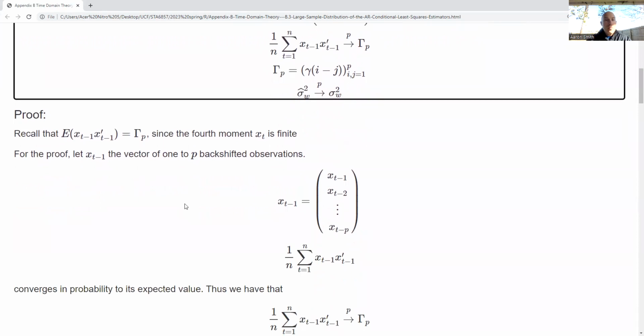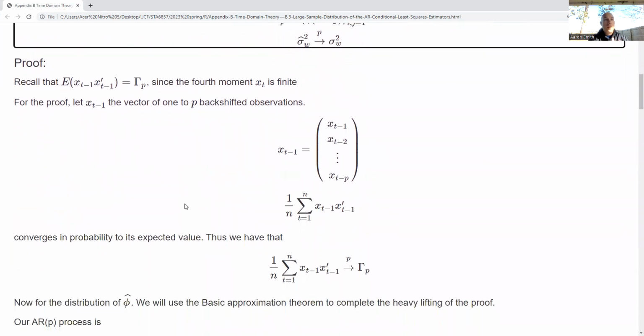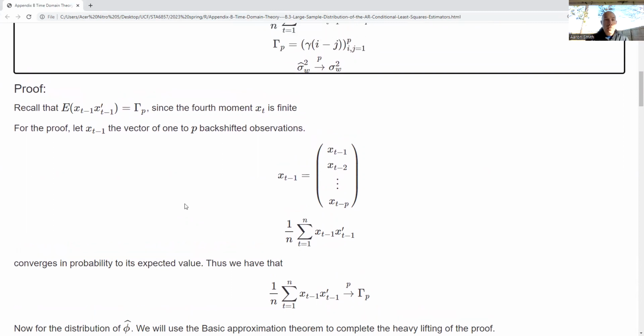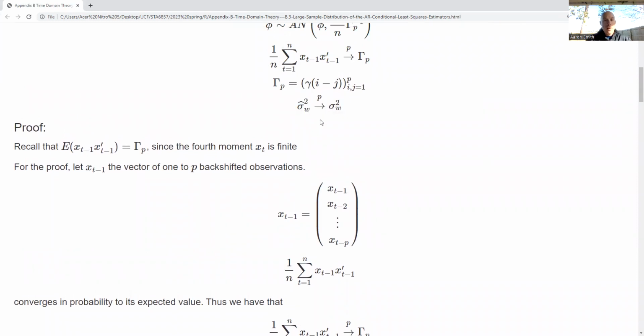Okay, there is a lot of stuff to work through here. So we're going to take a small bite of the proof, then a big bite of the proof, then a small bite. The last thing we will do is work on this variance convergence in probability.